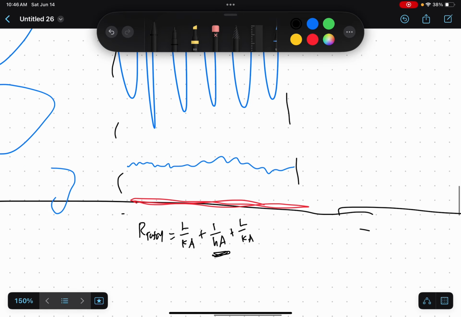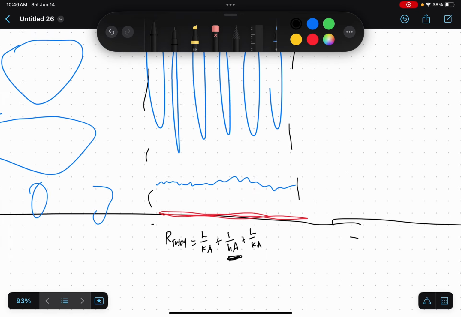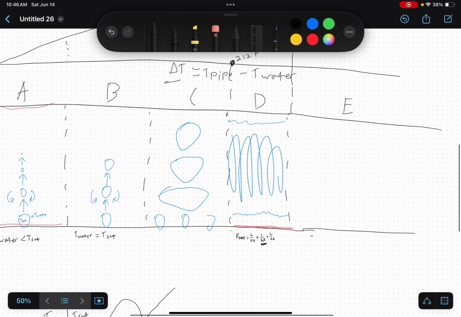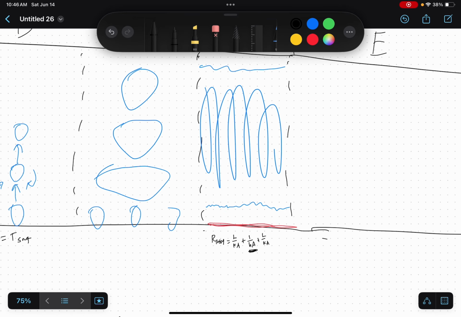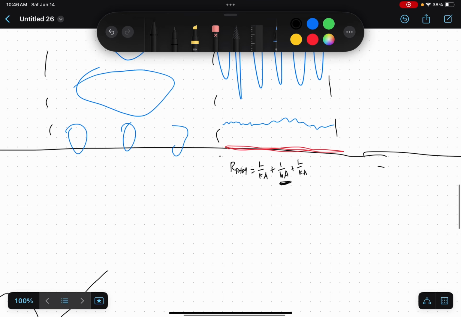We're adding this convective term, which by default adds thermal resistance. And we know that Q equals delta T over R total.